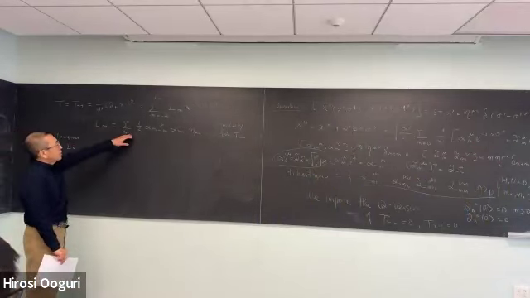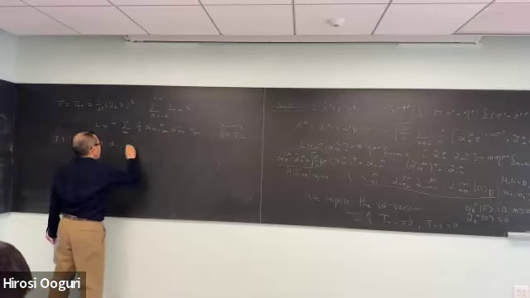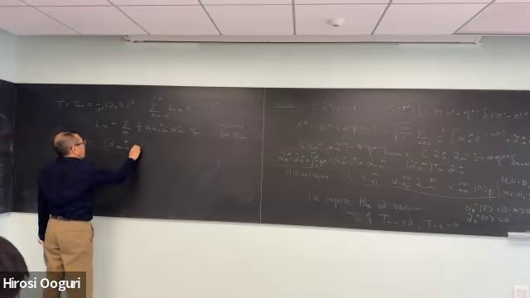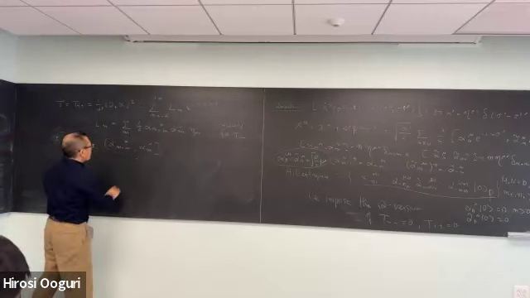Because if you look at this term, you have alpha_{n-m} and alpha_m, and if you consider the commutator of this, according to this commutation relation, it has non-zero commutation relation only when n plus m is equal to 0.